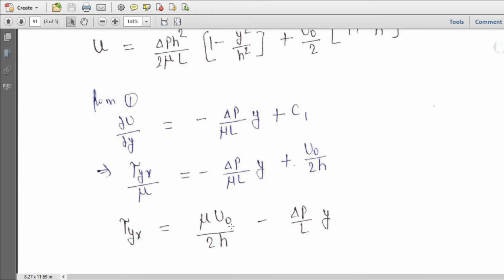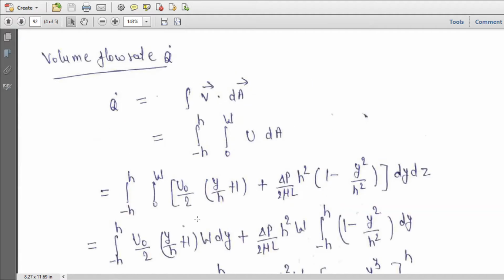So this is our shear stress profile. So tau yx equals mu U naught upon 2H minus delta P by L times Y.